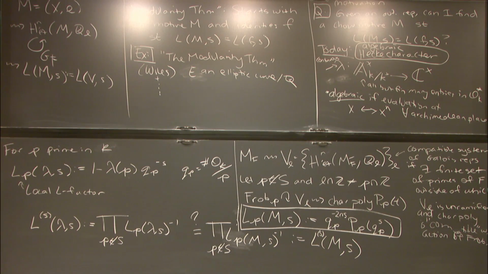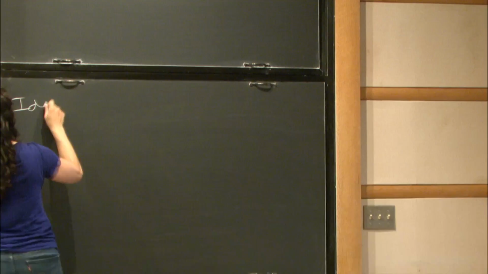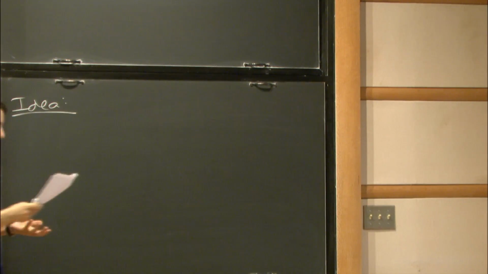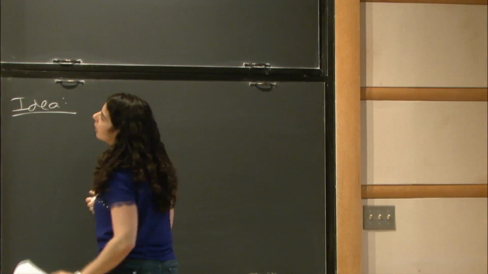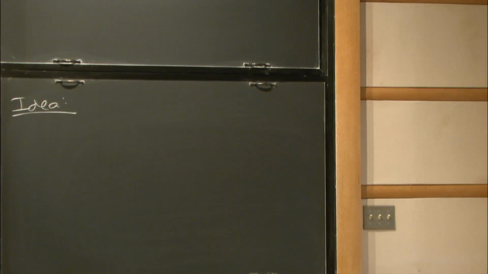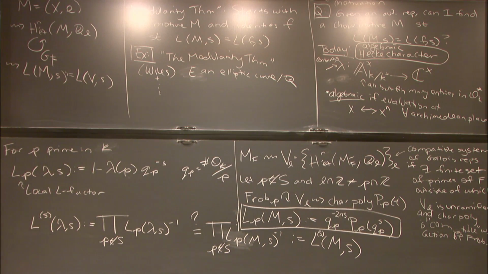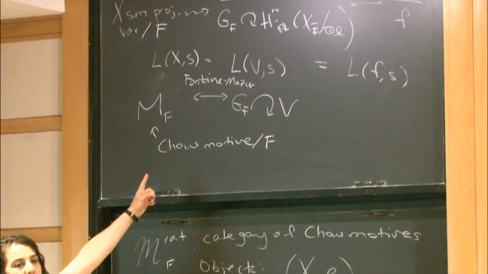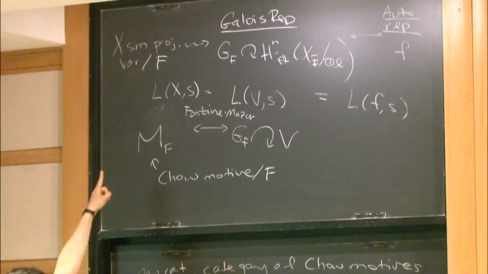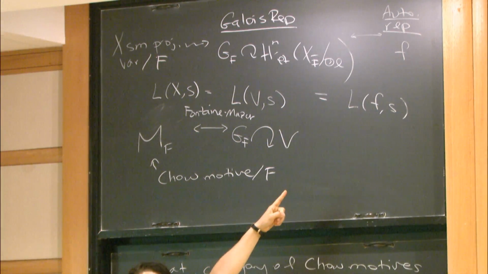Okay, and so the idea of the result that I want to present is this. Rather than try to just start with an algebraic Hecke character and produce some motive out of thin air, what if instead we asked, okay, we have this sort of guiding philosophy that I've written over here. What if we started with some modularity result, so we started with the information of a motive and an associated algebraic Hecke character?